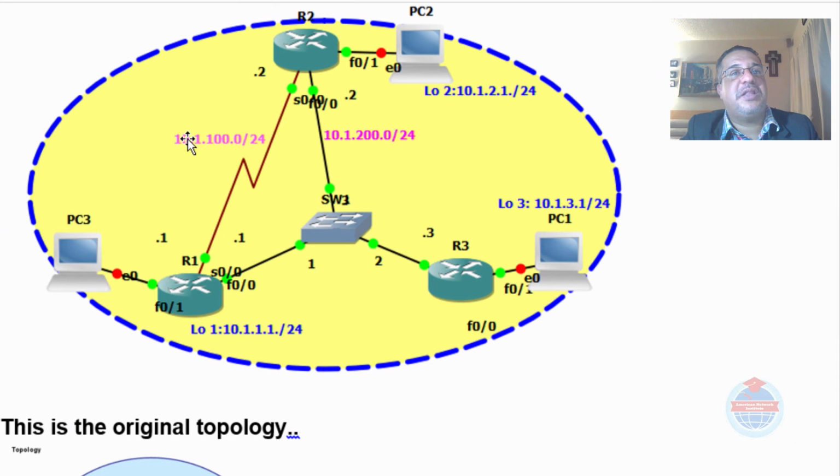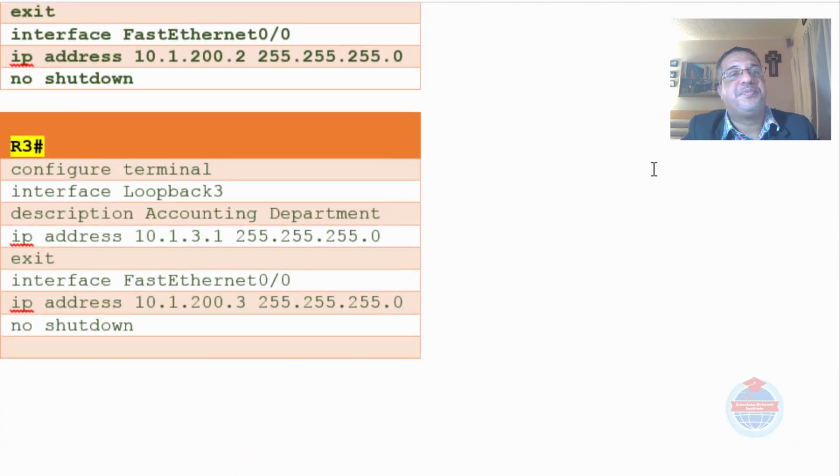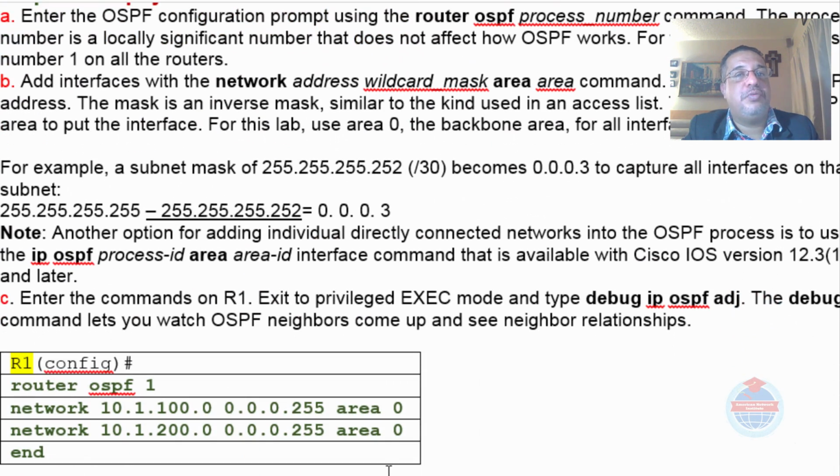This network over here, 10.1.100.0 and 10.1.200.0 as well, they want to add over here this value with 255. Where is the number coming from? That is coming from the subnet mask.